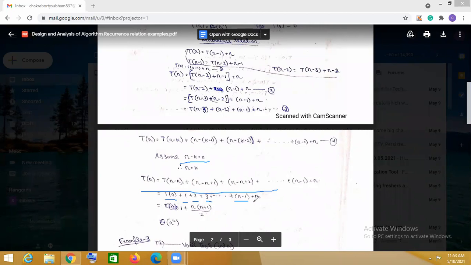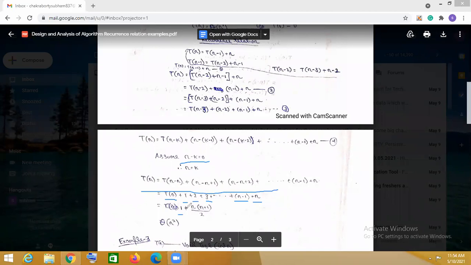What is this? This is the sum of n natural numbers. So T0 is 1, and this is the sum of n natural numbers, that is n(n+1)/2.